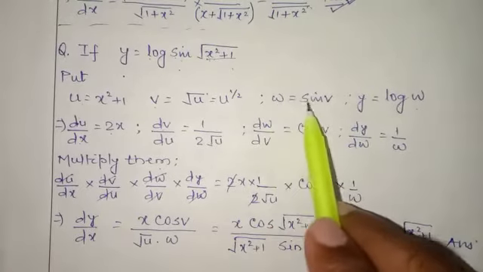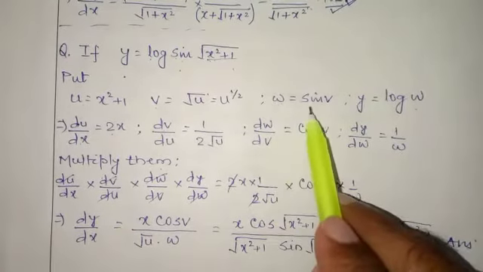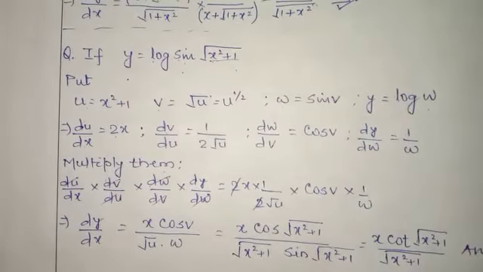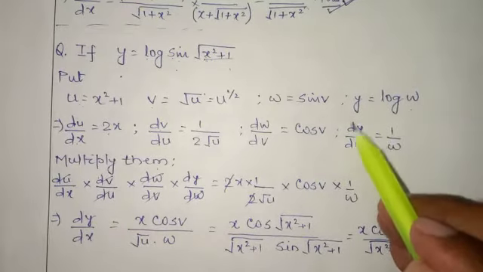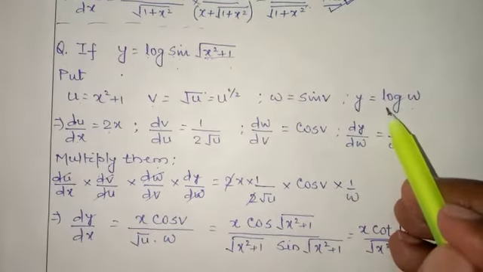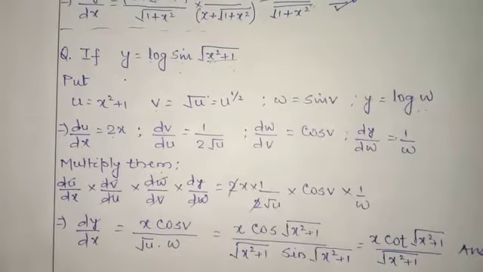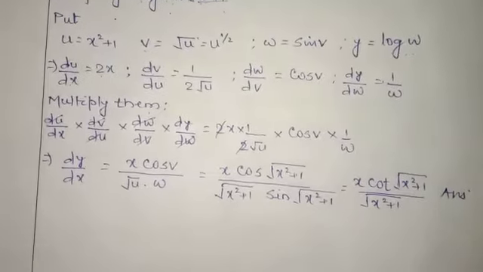This is a function of w and v, so we have dw upon dv, and differentiation of sine v is cos v. And hence finally we have dy upon dw, the differentiation of log w, which is 1 by w. And as usual, in the next step we multiply them.